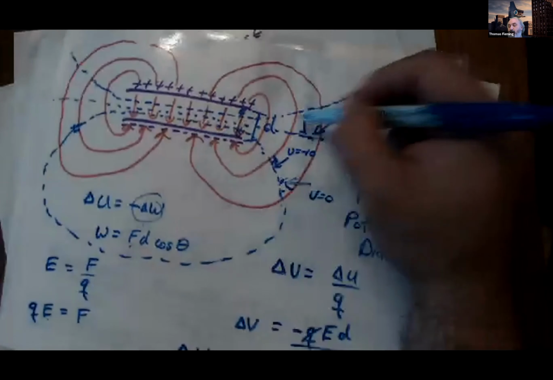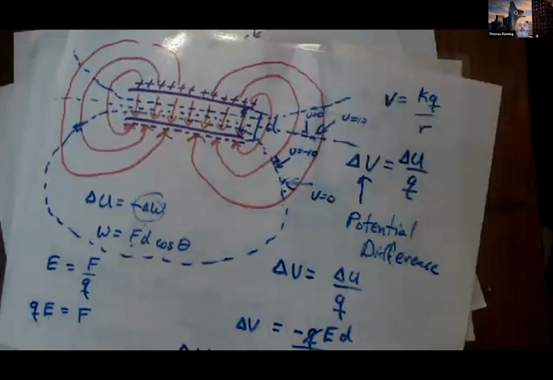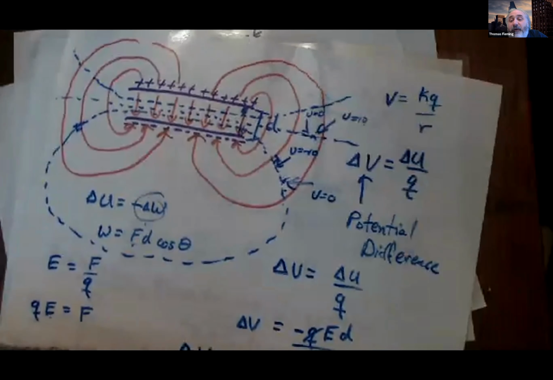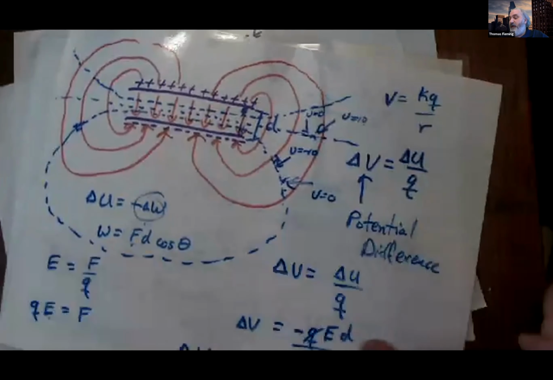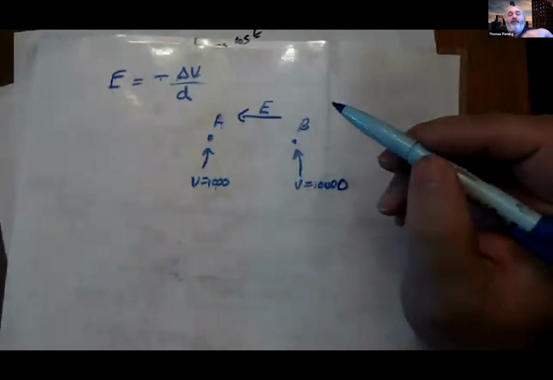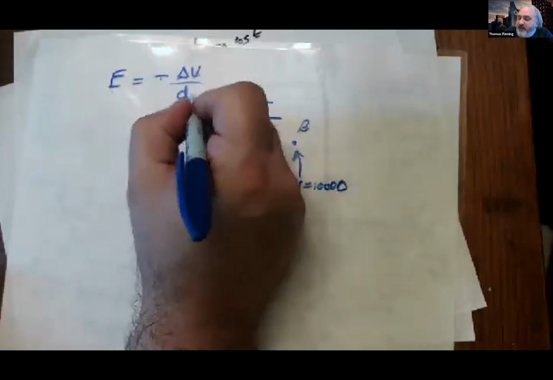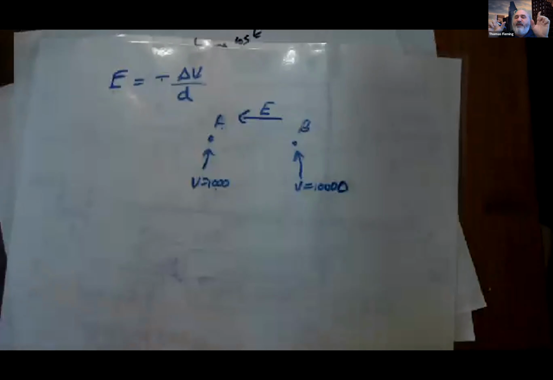If I'm out here where E is changing directions constantly, it's a way more complicated problem to solve because then I've got to do some calculus. And in fact, this formula only works for uniform fields. If the field is not uniform, then it only works if D, the distance that I move, is vanishingly tiny, right? Basically, it turns into a derivative.